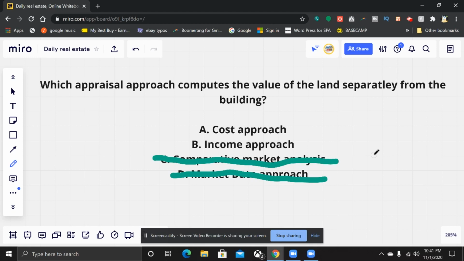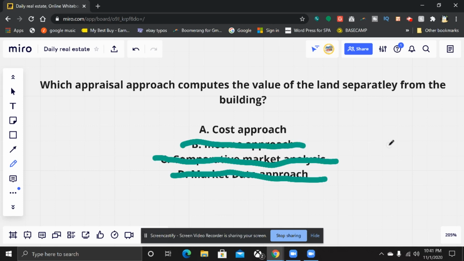Maybe the property is way too unique. So there are two methods within the income approach: the gross rent multiplier and the capitalization rate method. Those two things are going to be applied to the subject property, and they're going to come up with some sort of value based on that. So that is not what is described here.